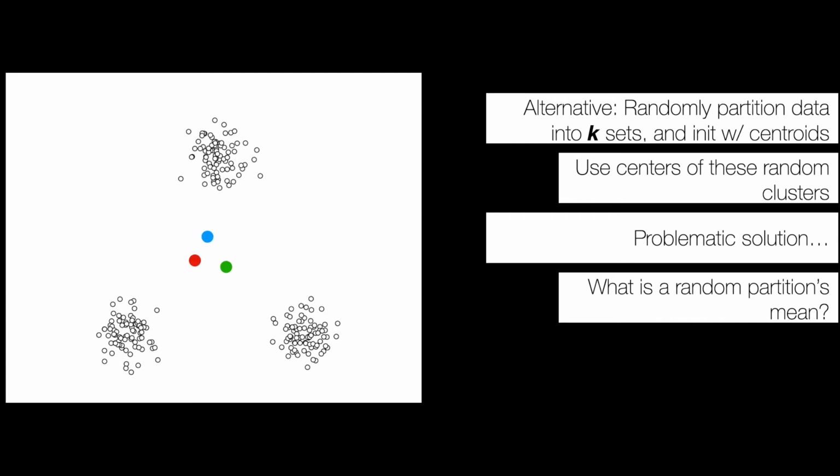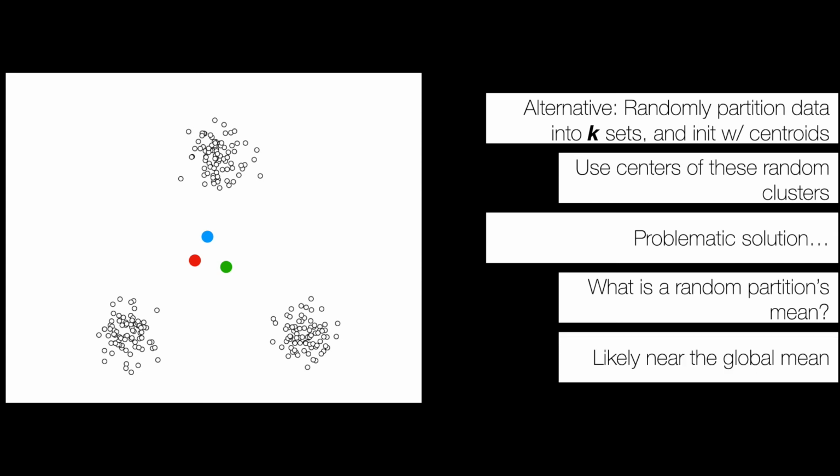And what this means is when we take, even if we do 3 different partitions here, the means for all 3 of these different partitions are likely to be close to each other because they're all likely to be approximately close to the global mean of the full data set. So you end up with less variation in the resulting cluster centers than you do with the previous version where you randomly selected points from your data.